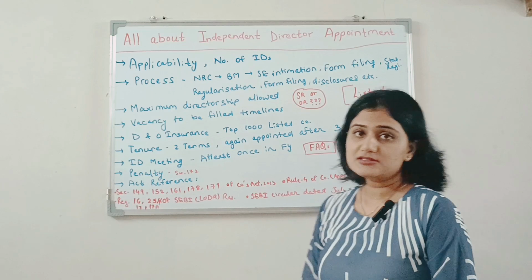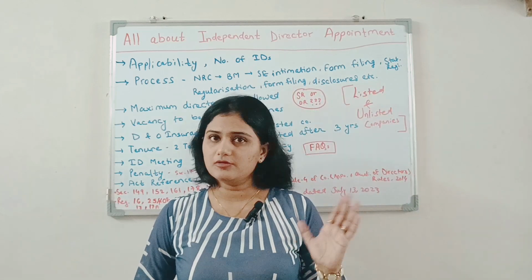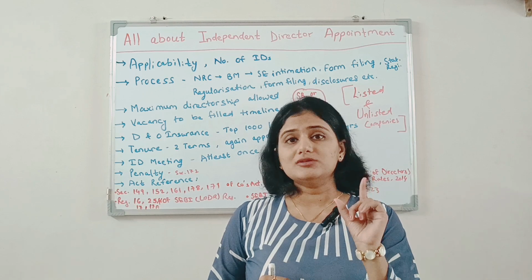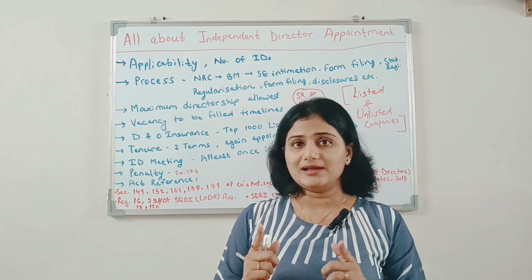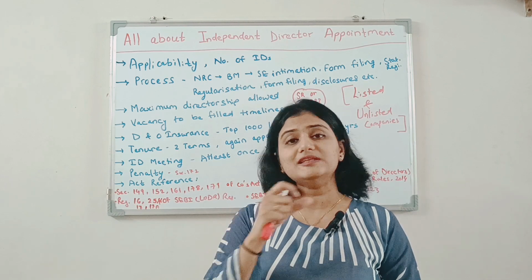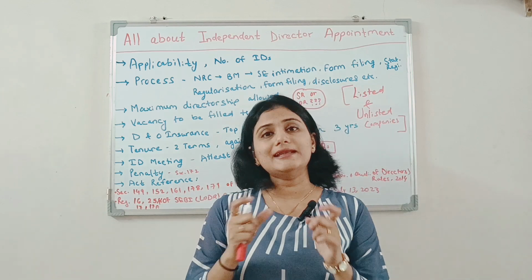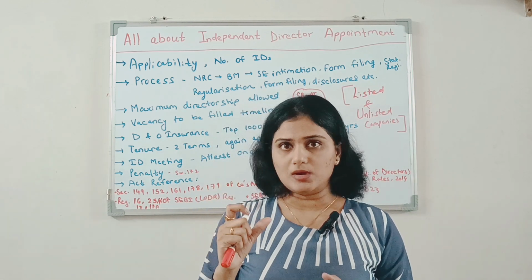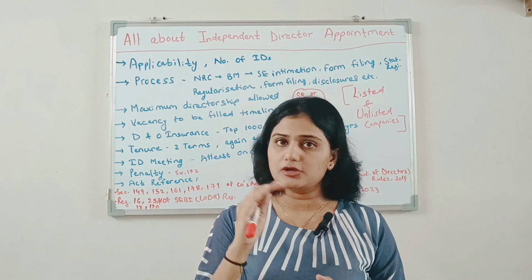Now coming to next, form filing required. This is applicable for both listed as well as unlisted. So for the form filing requirement, DIR12 is required to be filed within a period of 30 days from the date of appointment. Here the date of board meeting is not considered, the date of appointment is required. Okay, so within a 30 days timeline of the date of appointment.